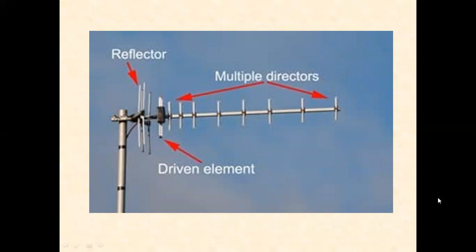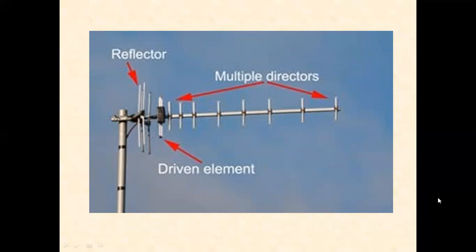A reflector makes the radiation maximum in the opposite direction from the parasitic element towards the driven element, and the director helps in making maximum radiation in the perpendicular direction from the driven element to the parasitic element.